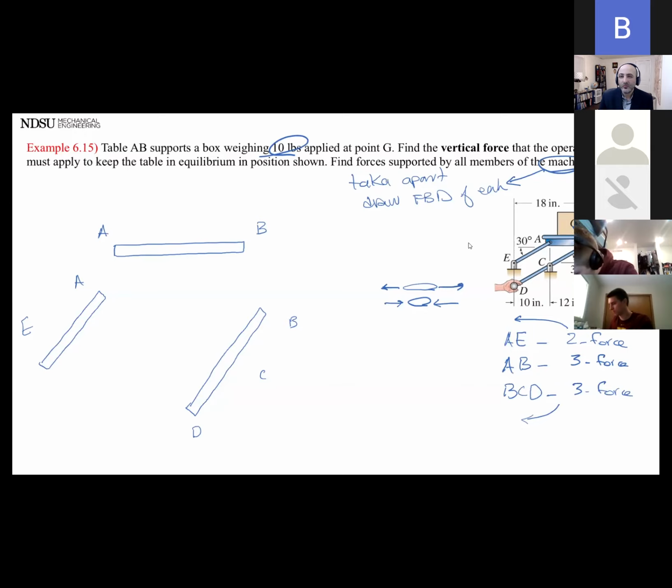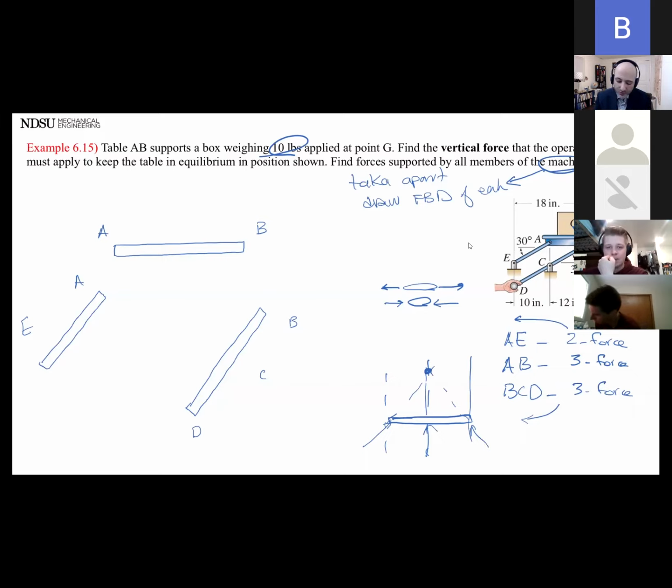They have to be parallel or go through the same point of action. So forces on a 3-force member should be parallel, or their lines of action should intersect at some point.